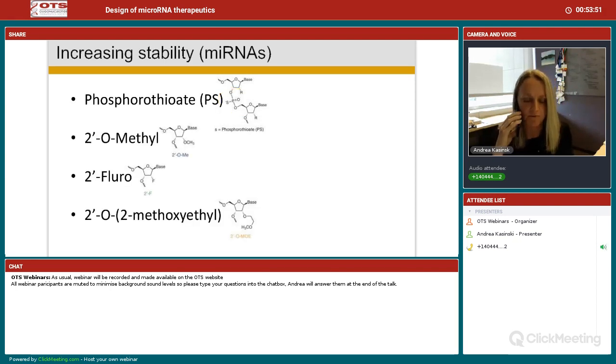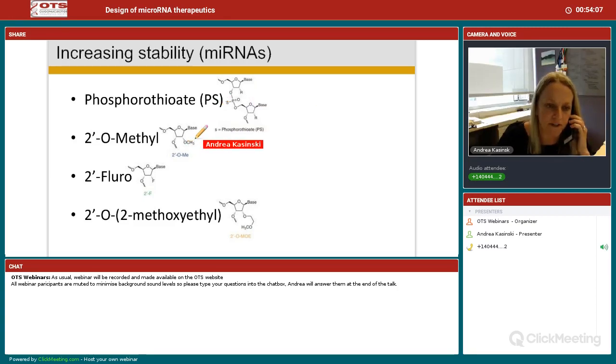And just to remind you, with regard to an RNA molecule, there's that free 2' hydroxyl group, which is subject to hydrolysis. And so a few additional modifications that occur in microRNAs to enhance stability are modifications to that 2' region. So you'll see 2' O-methyl groups, 2' fluoro groups. These are probably two of the most common, and 2' O-MOEs here as well that are used for microRNAs.